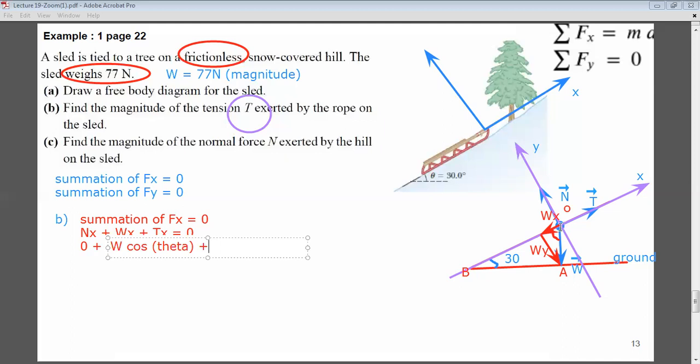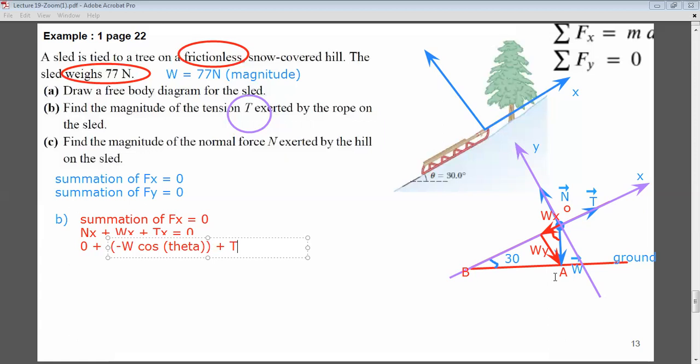We just have to pay attention that wx is in the negative direction, so it is minus cosine theta. Plus Tx is along the x-axis, so is it a plus or minus?